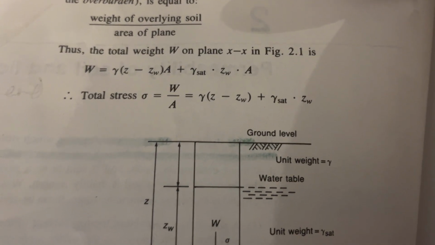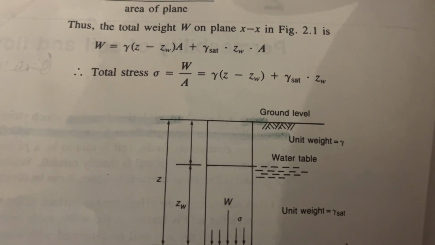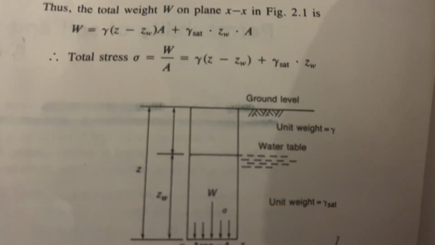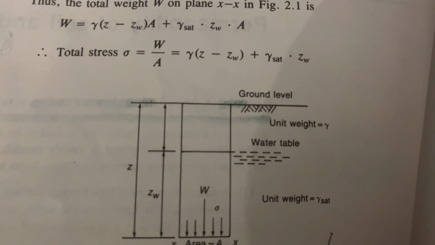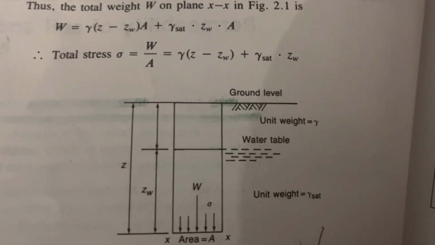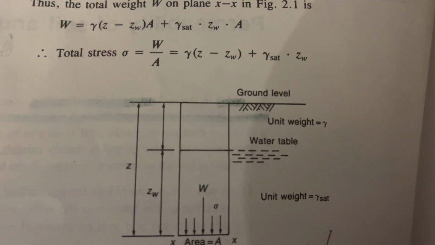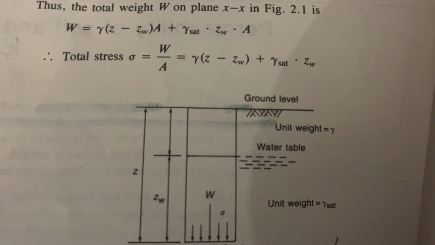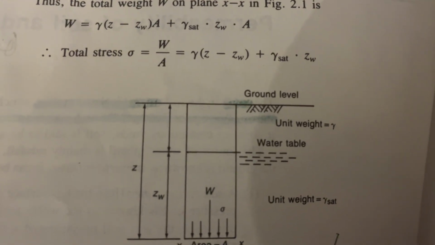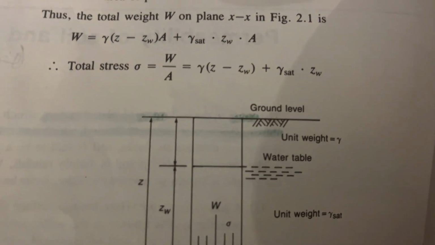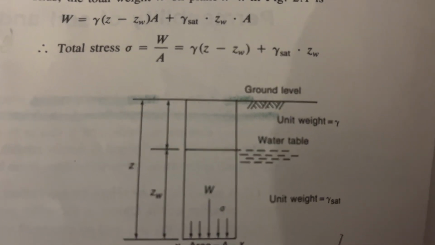The total weight W on a plane XX in figure 2.1 is W equals gamma times (Z minus ZW) times area, plus gamma sat times ZW. Oh, right, yeah.